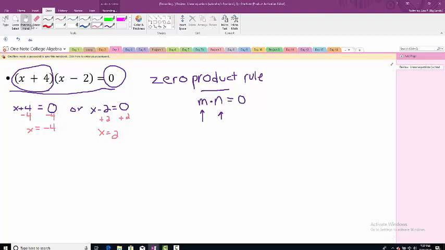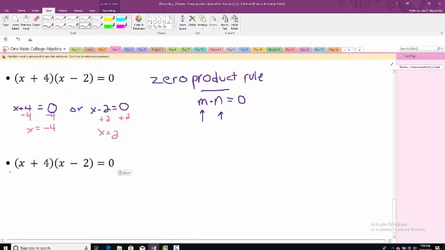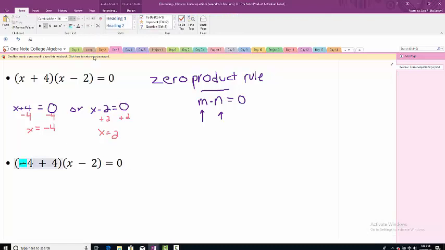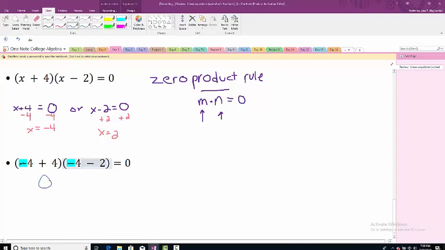So I do want to actually show you that this is true. Let's replace x with negative 4. So negative 4 plus 4 is 0. And then negative 4 minus 2 is negative 6. And of course, 0 times negative 6 does equal 0.